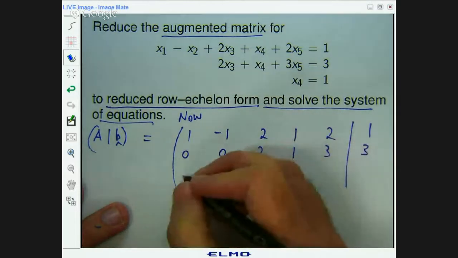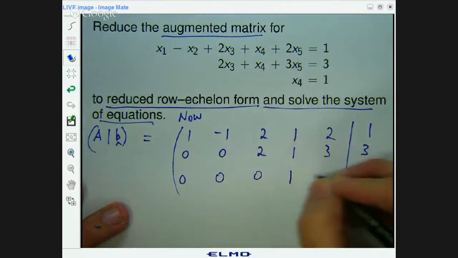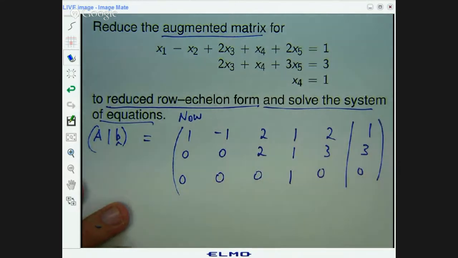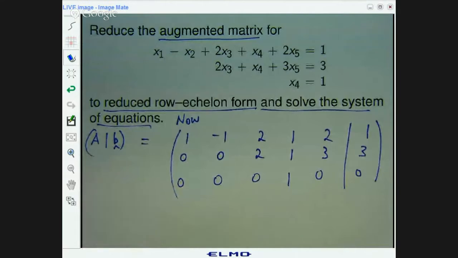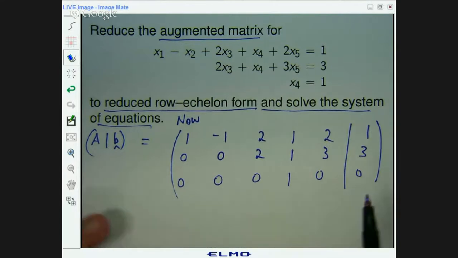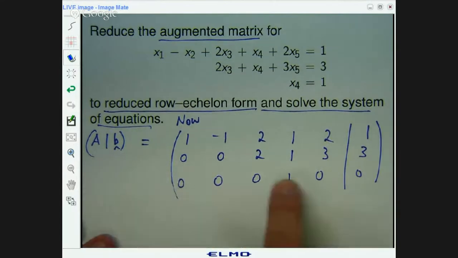And we're going to see if we can put it in a reduced row echelon form. Okay, so how do we do it? Well, first of all, let's work on the bottom row. The first non-zero entry in that row is a 1, so we don't need to do anything to it.